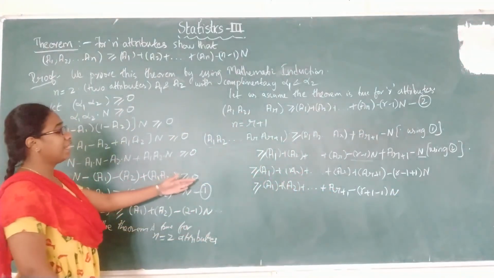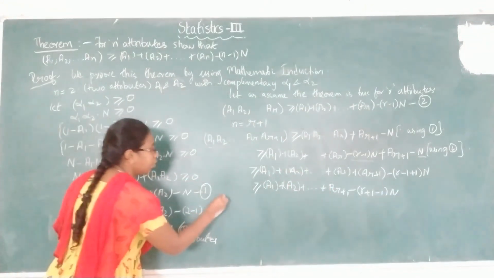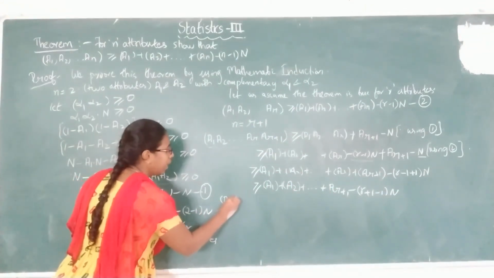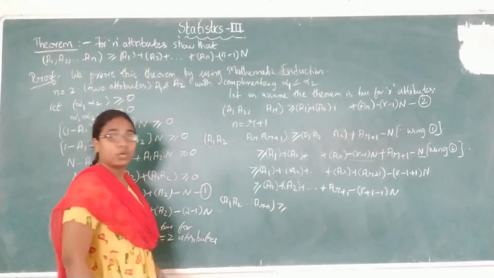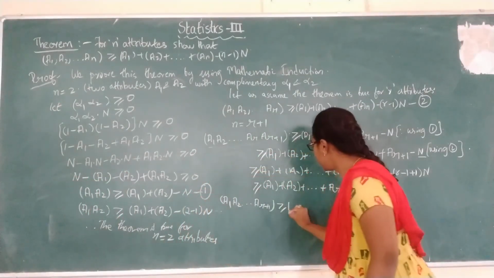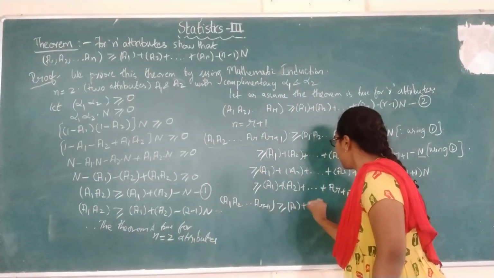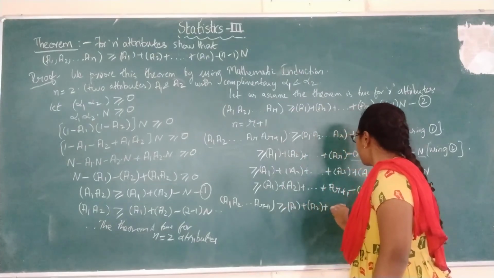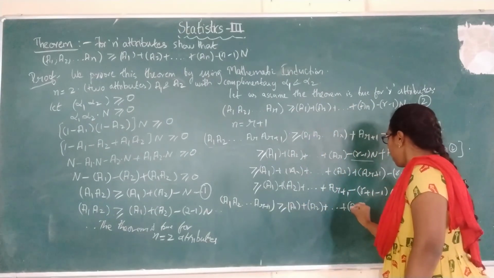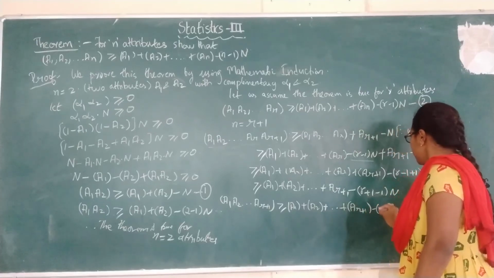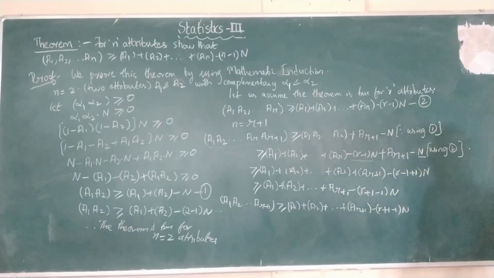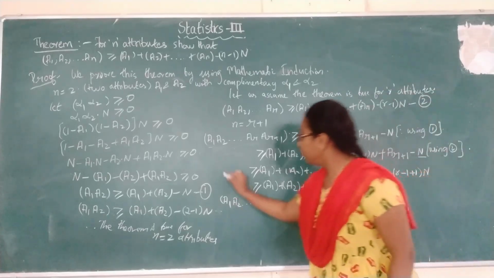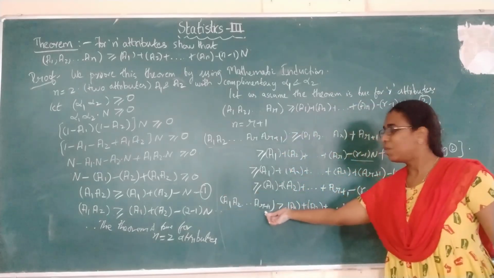So what is there in the LHS? You will have a1, a2, so on up to ar plus 1 is greater than or equal to a1 plus a2 plus so on up to ar plus 1 minus (r plus 1 minus 1) into capital N. Now if you observe, compare it with our statement.